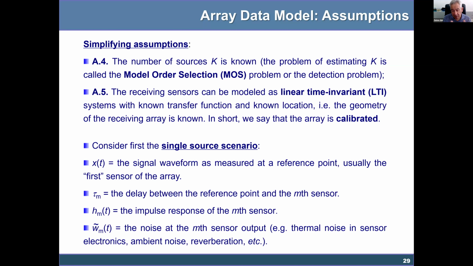There are a number: AIC, Akaike information criteria, MDL, minimum description length, and others. We will say something about the detection problem later on. So to derive the data model, we make this assumption: K is given. So it's given because we have already estimated it.